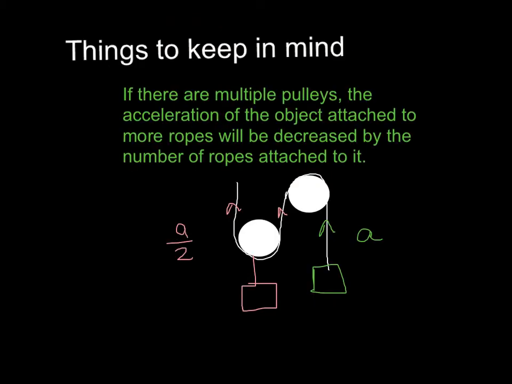All right, this is a tricky one because some of our problems have multiple ropes attached to a pulley. So you're going to have to trust me on this for right now. If we do have two pulleys, do you see how the pink one has two ropes attached to it? So there's two ropes attached to this guy, and this one only has one rope attached to it.